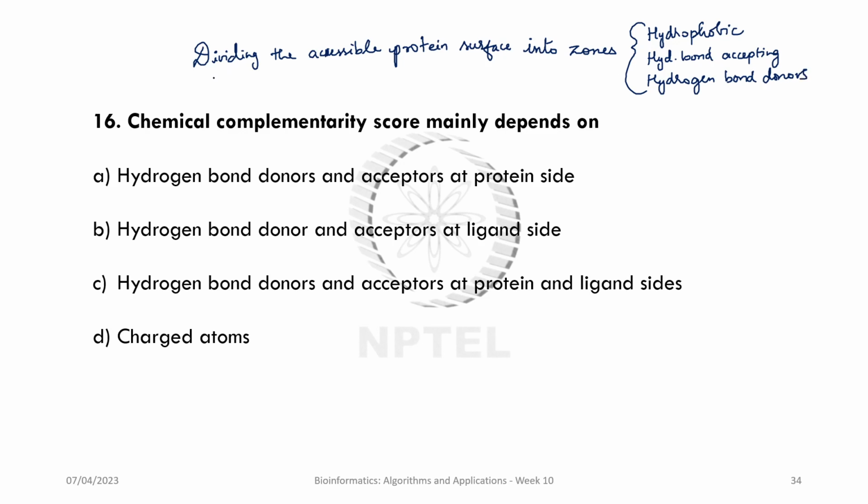And similarly, dividing the accessible ligand surface into zones of these three regions. So put together, it will be protein and ligand sites. Therefore, option C is the right answer.